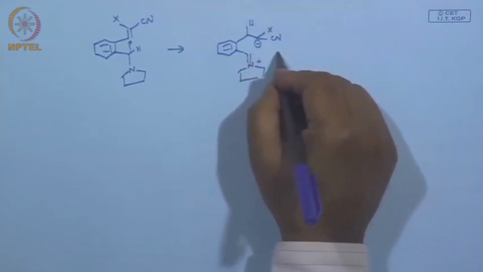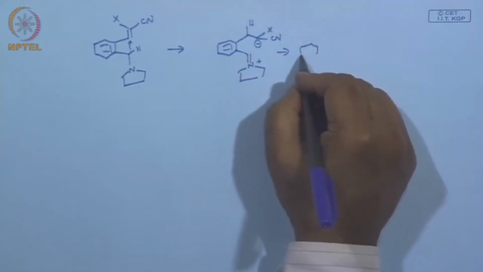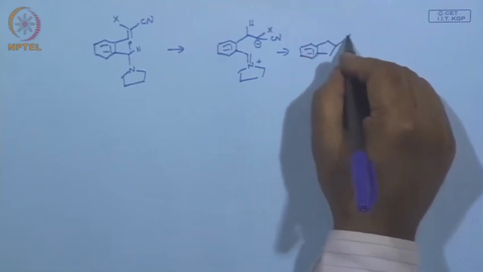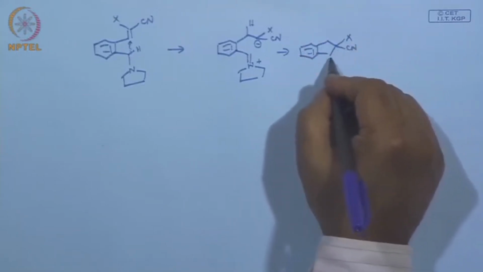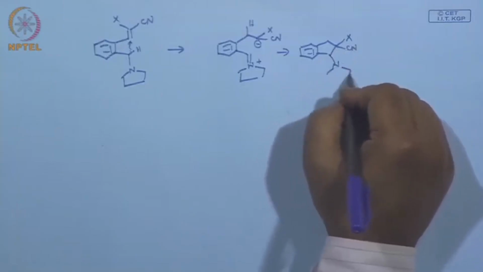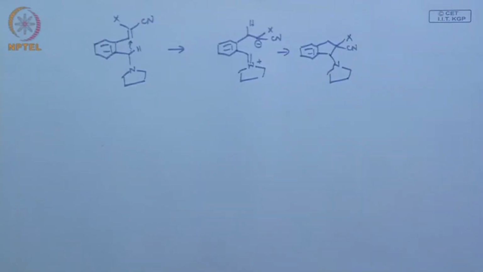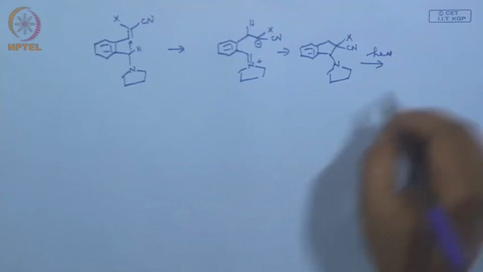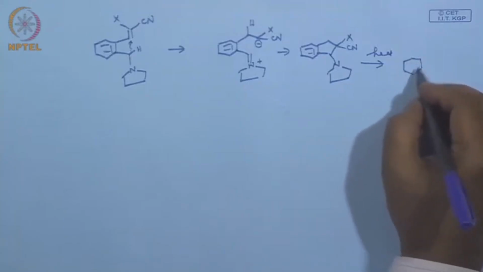So, what do you get? You get the sort of indane derivative with X here, cyano, and this nitrogen and this one, and this is formed. Okay. Then if you heat it, what do you expect? I think I will not write the mechanism, but all of you can guess.